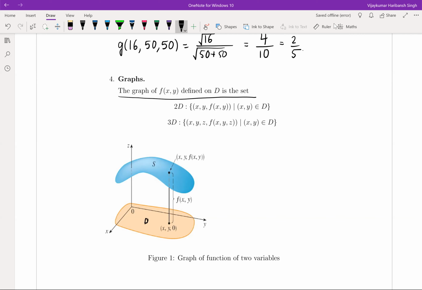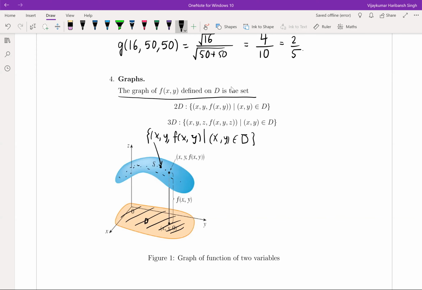If this is your domain D, then it's the collection of all points of the form (x, y, f of x, y), where (x, y) belongs to D. So this is how the graph looks.